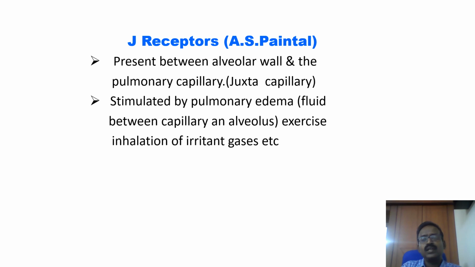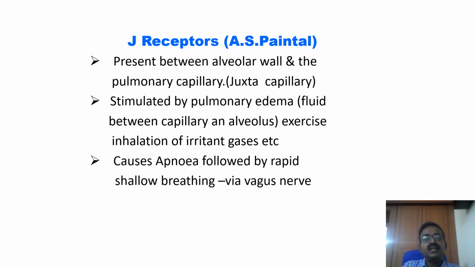It is stimulated by pulmonary edema, excess fluid present between the capillary and alveolus, exercise, and inhalation of irritant gases. It produces apnea followed by rapid shallow breathing via the vagus nerve. This is a protective mechanism against pulmonary edema and other irritant gases.